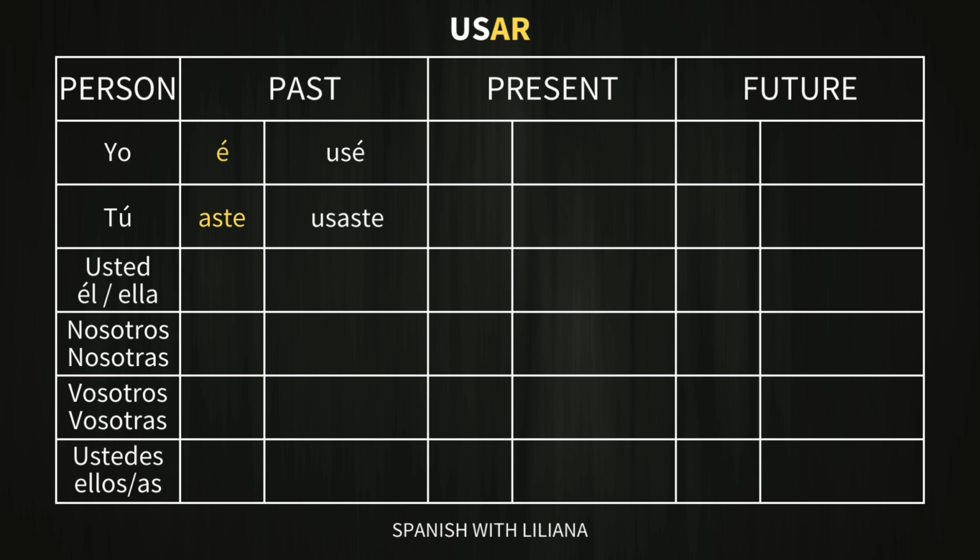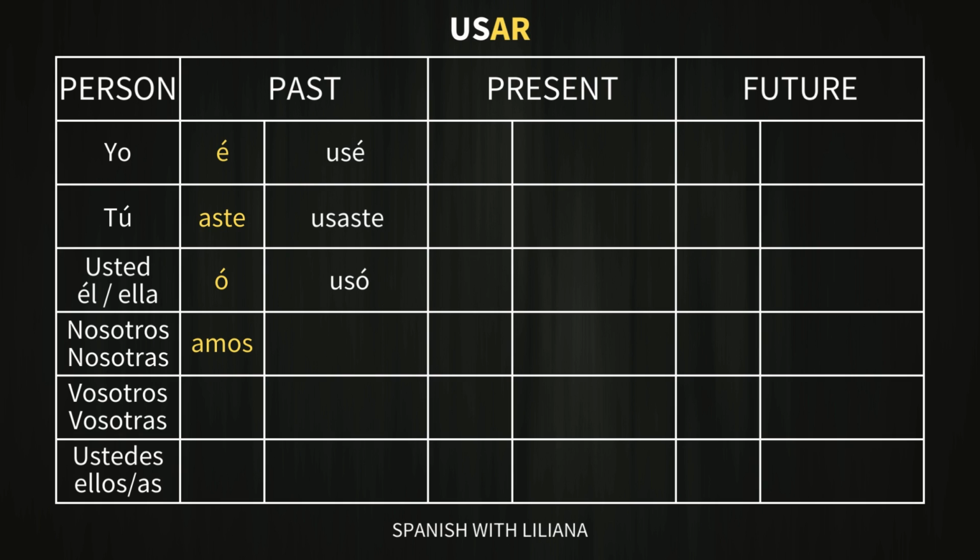For usted, the formal you, él, he, ella, she, we're going to replace AR with the O and the accent above the O. And the full word becomes usó. For nosotros or nosotras, which means we, we're going to replace AR with amos.